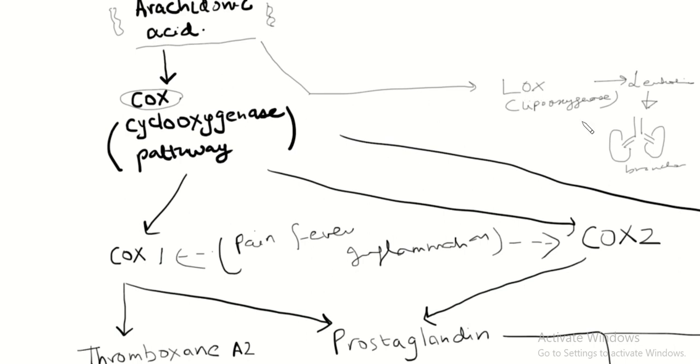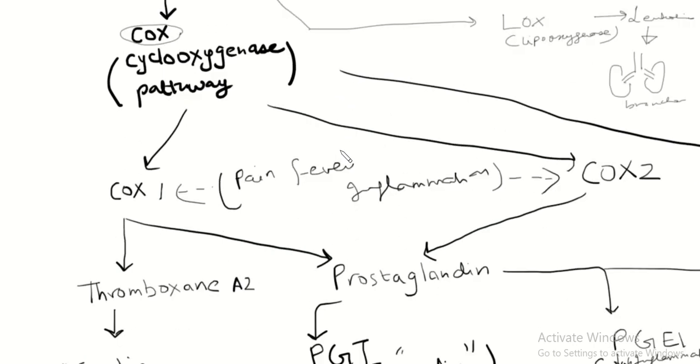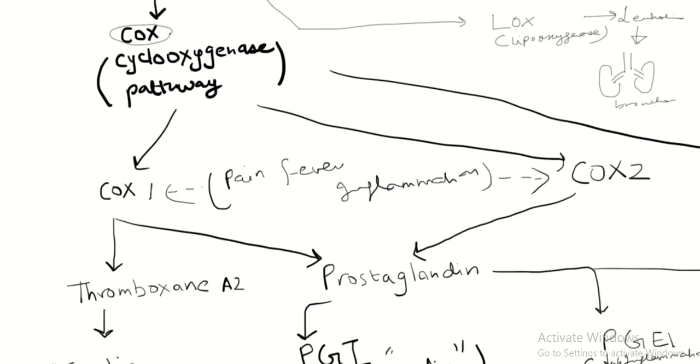LOX is the lipooxygenase pathway, which gives us leukotrienes, which cause bronchoconstriction. COX is the cyclooxygenase pathway.